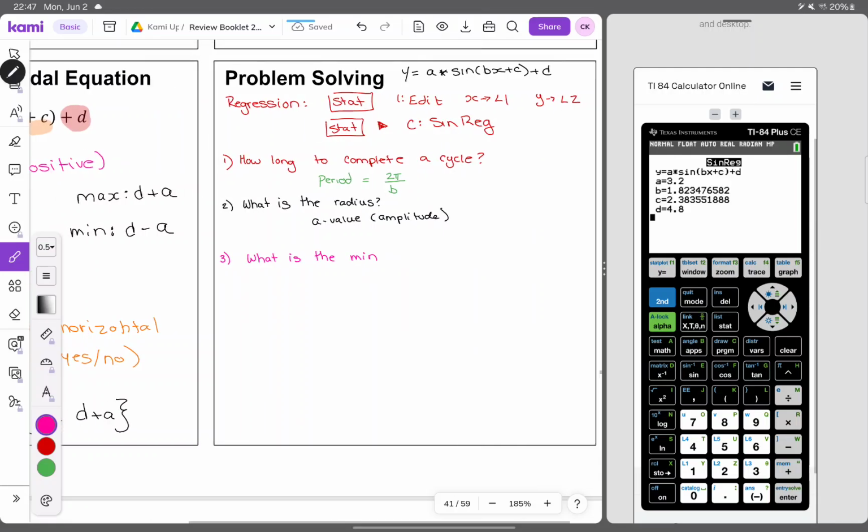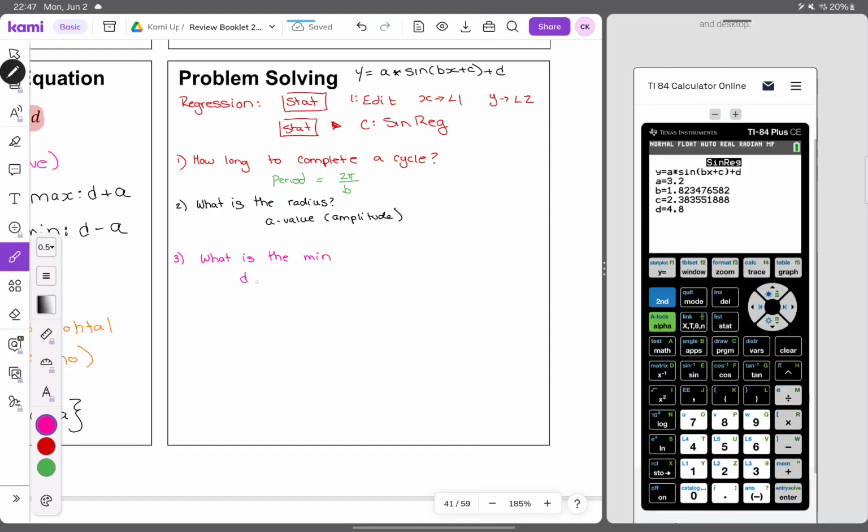Well, remember min's just over here. It's whatever you get for your D value minus your A value. Maybe they ask for the max. So D value plus A value. They could, just like our previous ones, give a specific X and ask for a specific Y value.